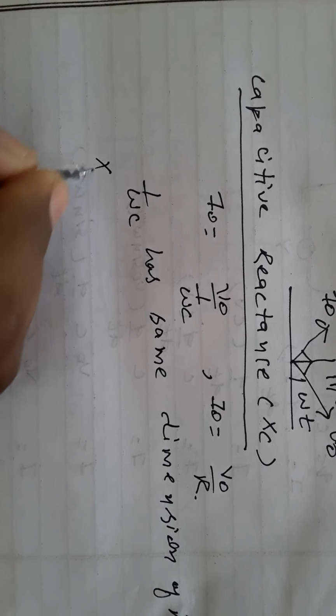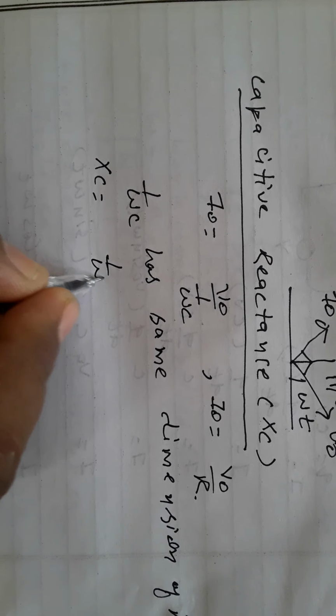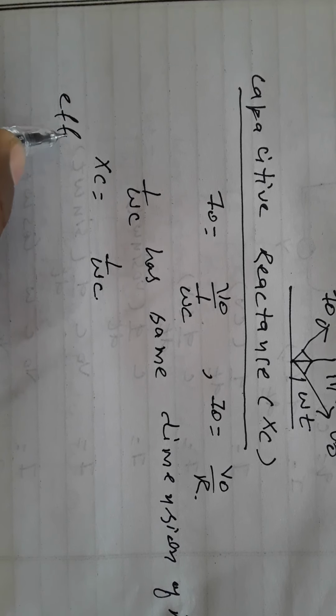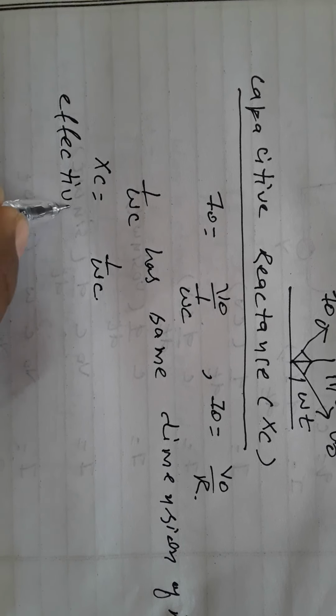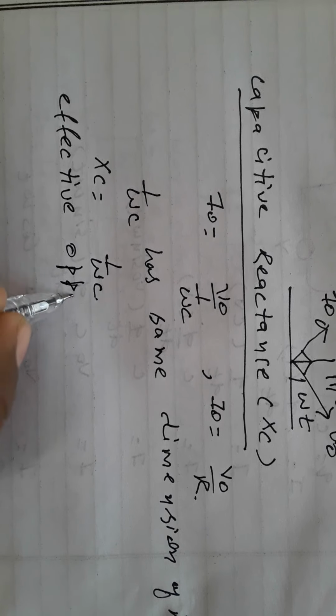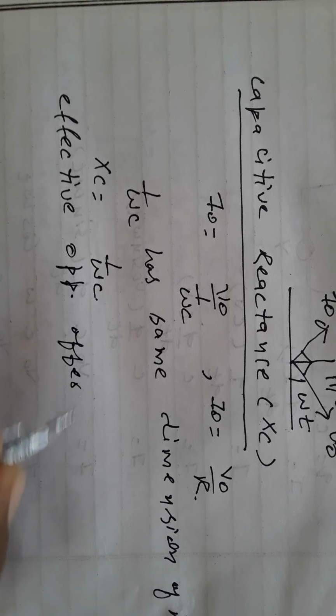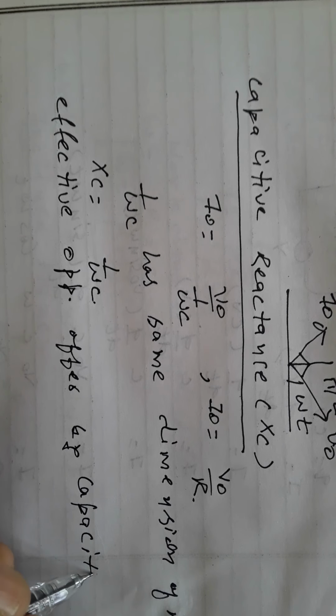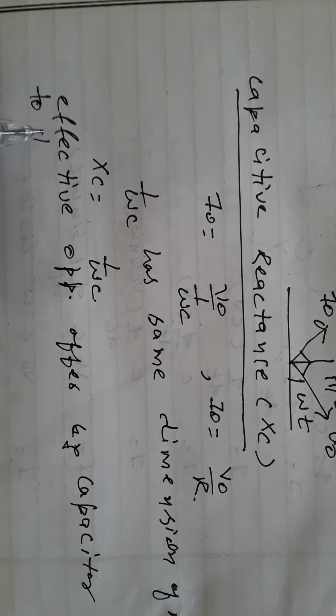So we can write XC is equal to 1 by omega C. We can define capacitive reactance as the effective opposition offered by a capacitor to the flow of current.